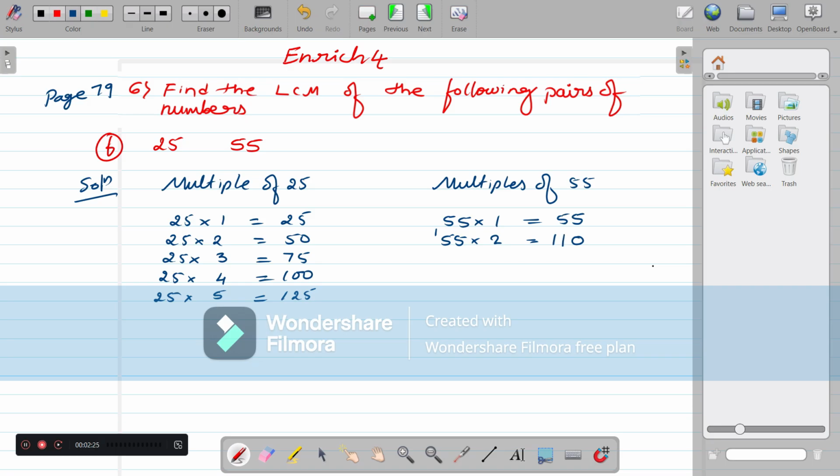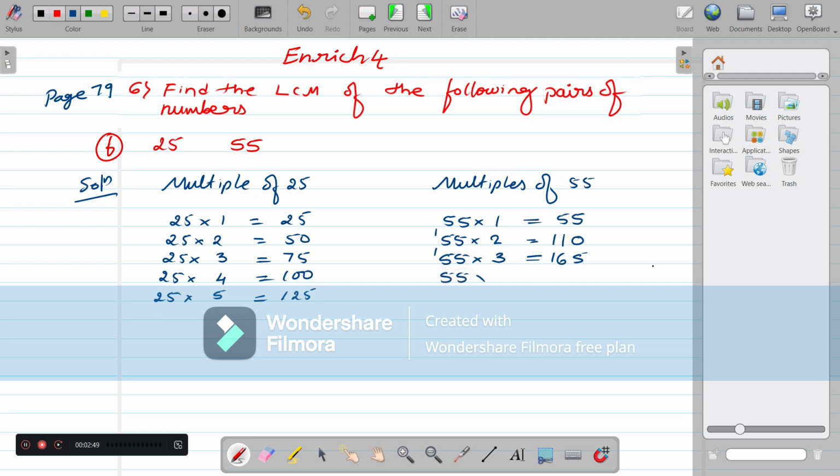We got 55 into 2 as 110. In the same way we find the third multiple of 55, by multiplication. 5 threes are 15, 1 carry. 5 threes are 15 plus 1, it is 16, which means the third multiple of 55 is 165.